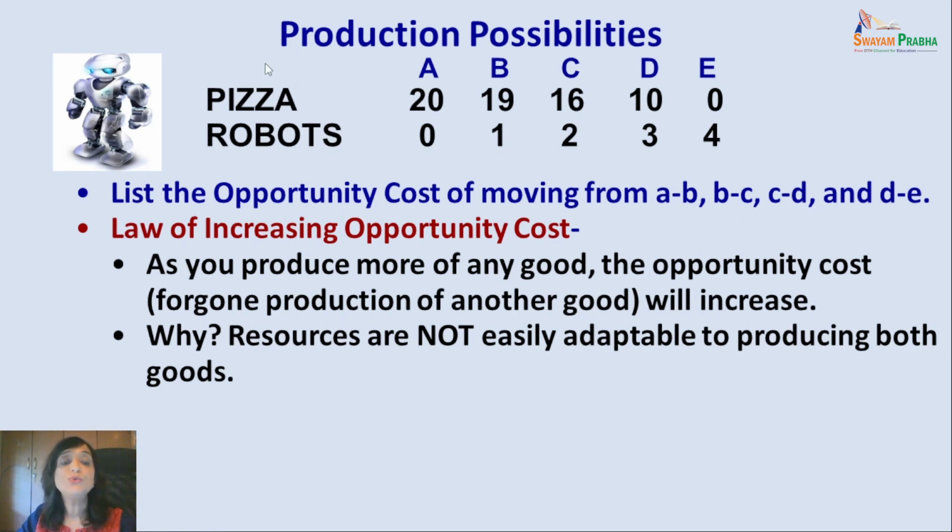Resources which are being used to make pizza may not be competent enough in a similar manner to produce robots. That is what is called increasing opportunity cost. That is, every time I am sacrificing my pizza to get robots, that number of units of sacrifice is increasing.